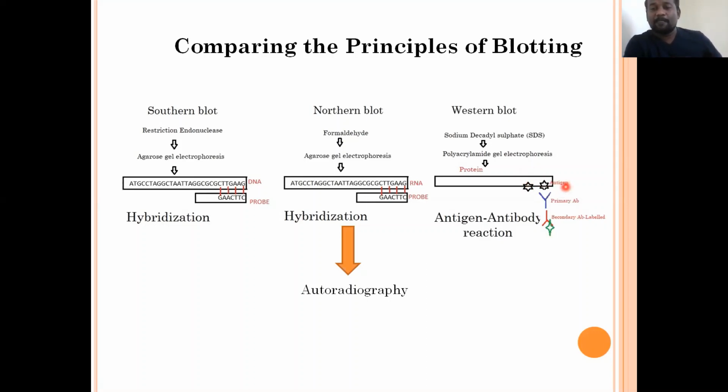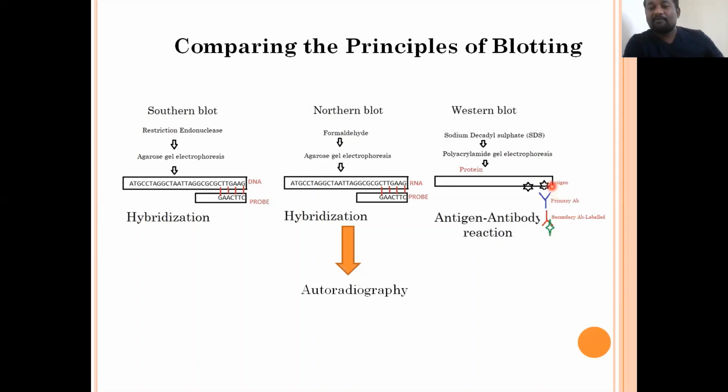In this case, we are adding primary antibodies. First, these antibodies will go and bind to the particular antigen specifically, due to the affinity between the two.